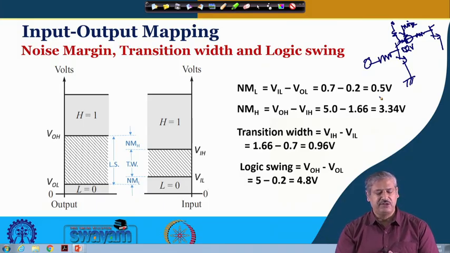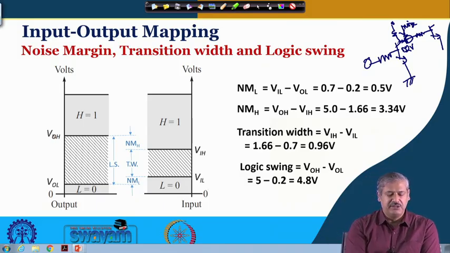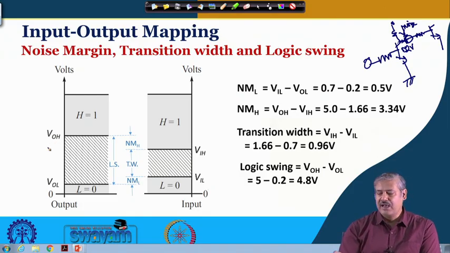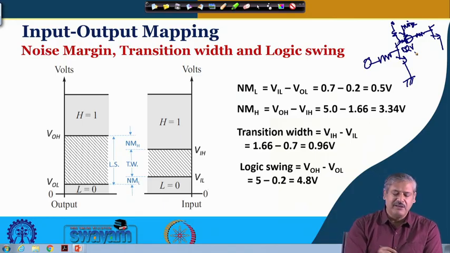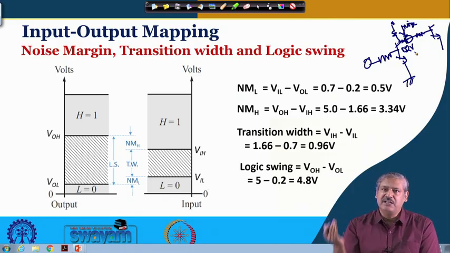When the output is at logic high, say VOH, at the input it has to be treated as logic high. Now if noise gets added with positive polarity, it will be VOH plus some value, then there is no issue.